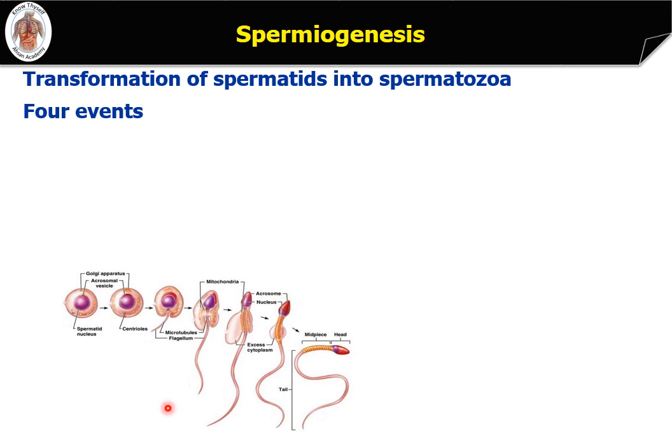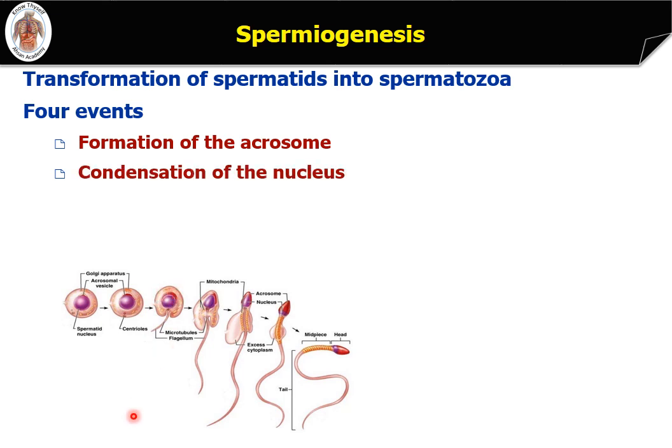If you start from the left side, the first stage is formation of the acrosomal cap. You see on the top there is a reddish spot. This is forming the acrosomal cap over the nucleus. The nucleus is condensed; the nuclear material gradually condenses to form a compact nucleus.